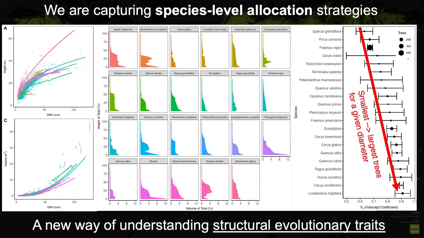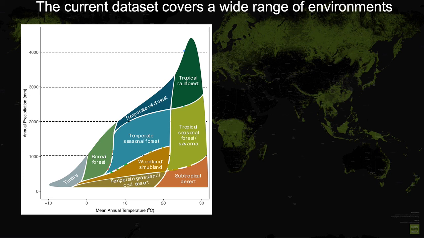So you can see here how individual species, we've fit allometric scaling coefficients that we've derived here, and just ranked them to show how the individual species coefficient actually varies, and that's something that we're really hoping to look into more.